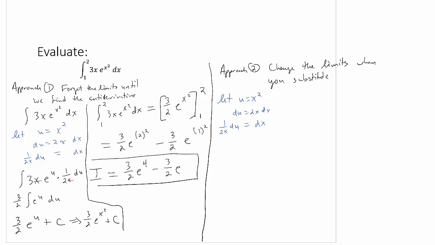Same substitution as before. Now notice that if x equals 1, then u would equal 1 squared, which is 1. If x equals 2, then u would equal 2 squared, which is 4. And so then my original integral would then be equal to the integral from u equals 1 to u equals 4.